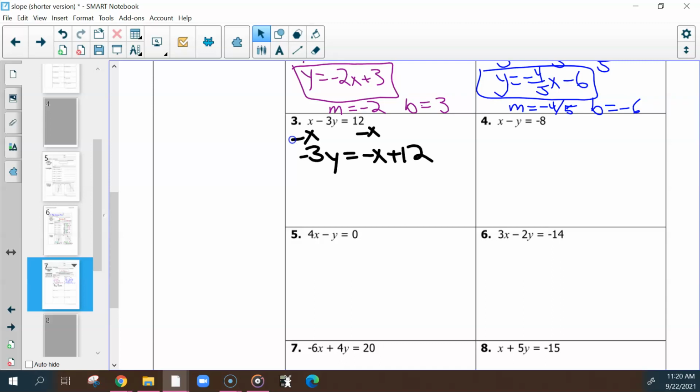I went ahead and switched the order. And now we need to divide everything by this -3. So be careful because there are signs and everything.